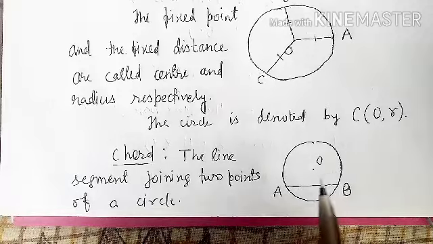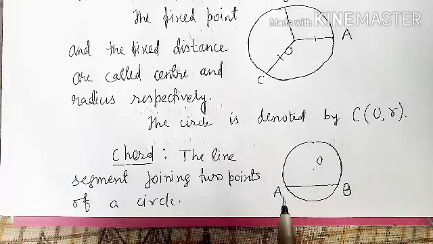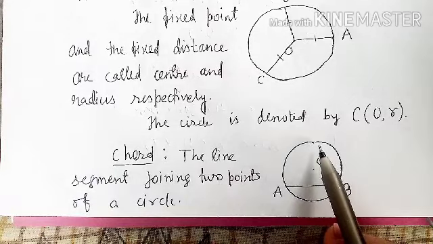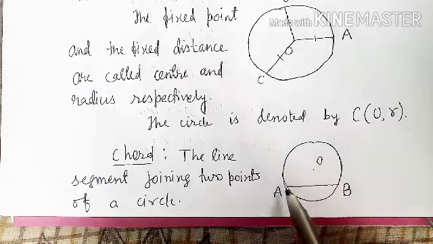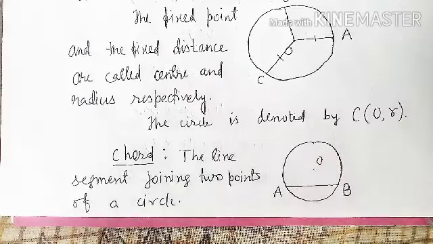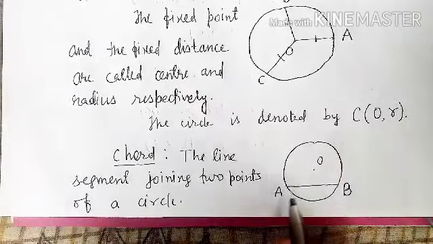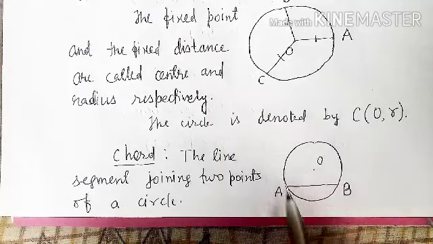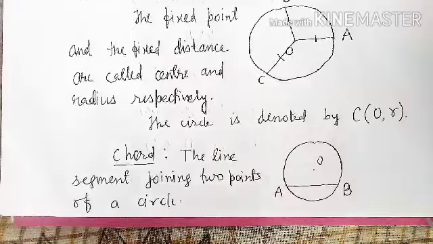We can also say that a chord is the line segment having endpoints on the circle. Circle is the path, this path only. Here line segment AB has endpoints on the circle, so it is a chord.